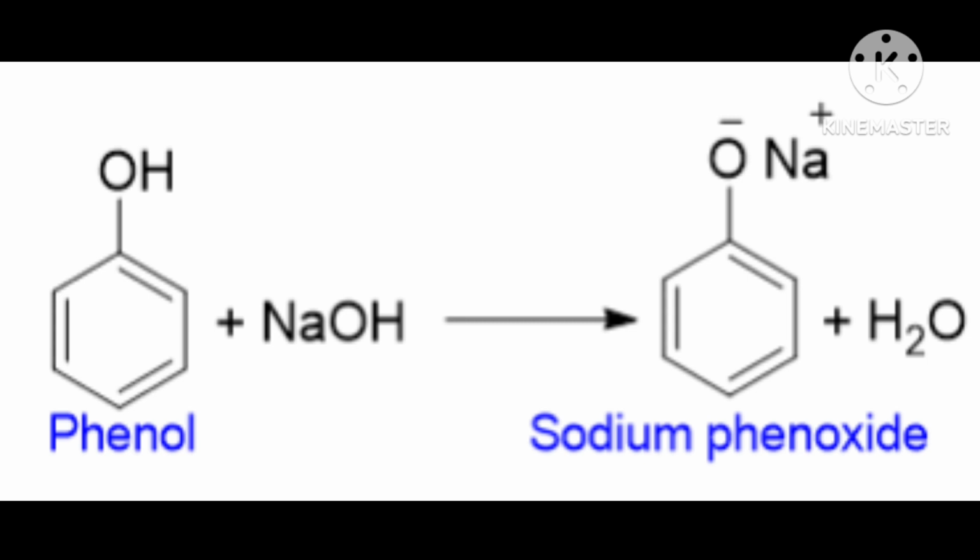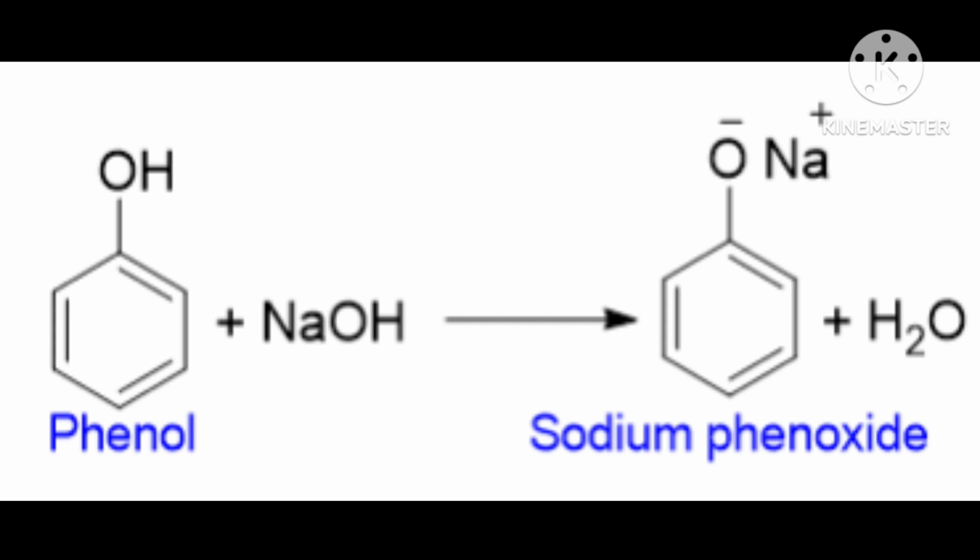Hence RCHO, the aldehyde, became RCOOH. CH is now converted to OH, and the C and O double bond was already there. Hence now we will get a carboxylic acid.